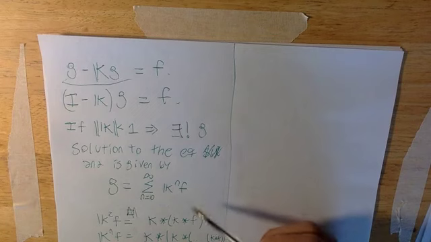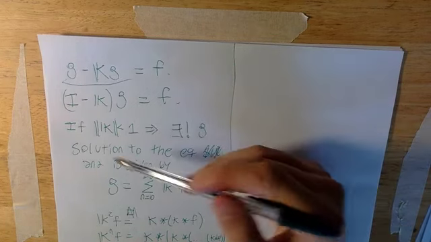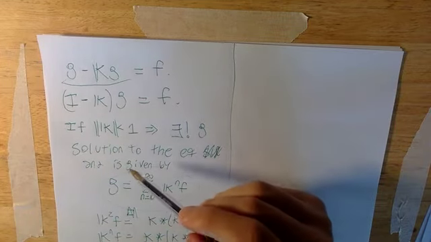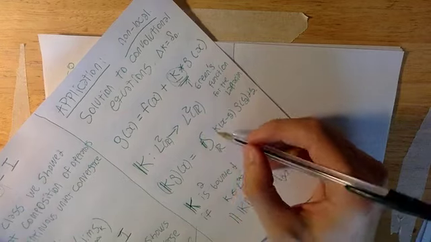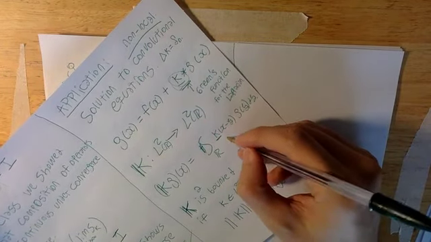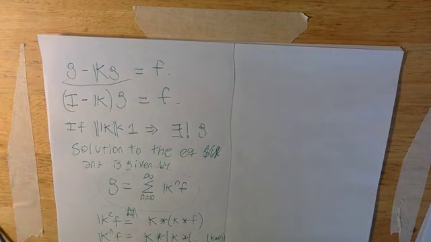Okay? So you can actually show that there exists a unique solution G to this equation, and it's given by this. The only thing that you need to check is that this function K in L infinity has norm less than 1. That's actually enough to find a solution.